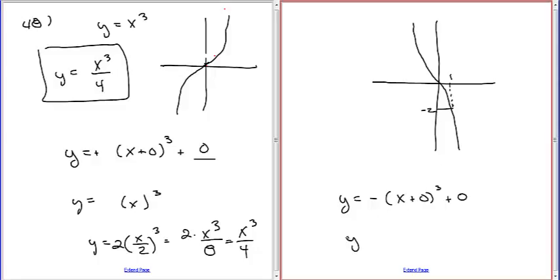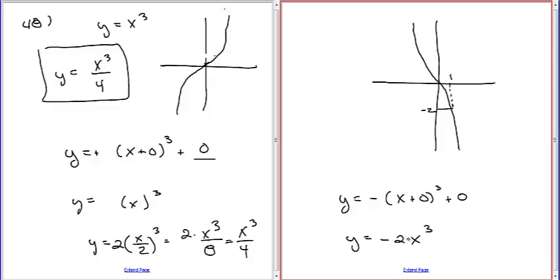So you might think, okay, how about if we just put a negative 2 out there? Is that going to work? So let's try it out. x equals 1, we get 1 cubed, which is 1. 1 times negative 2 is negative 2. So that does seem to work.